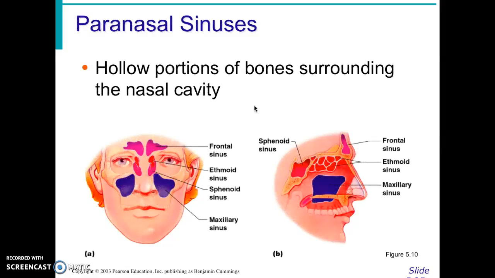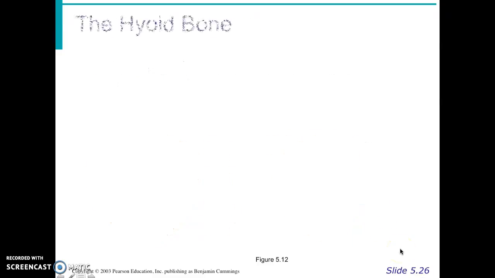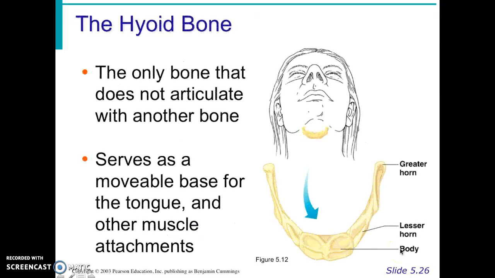Paranasal sinuses are hollow portions of bones surrounding the nasal cavity. And then here it labels the different sinuses that are in your face. And then the hyoid bone, the only bone that does not articulate with another bone. It serves as a movable base for the tongue and other muscle attachments.